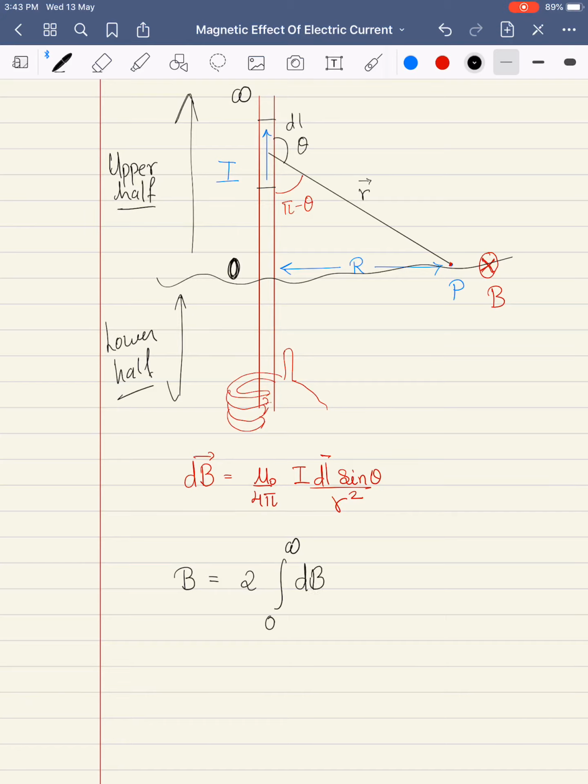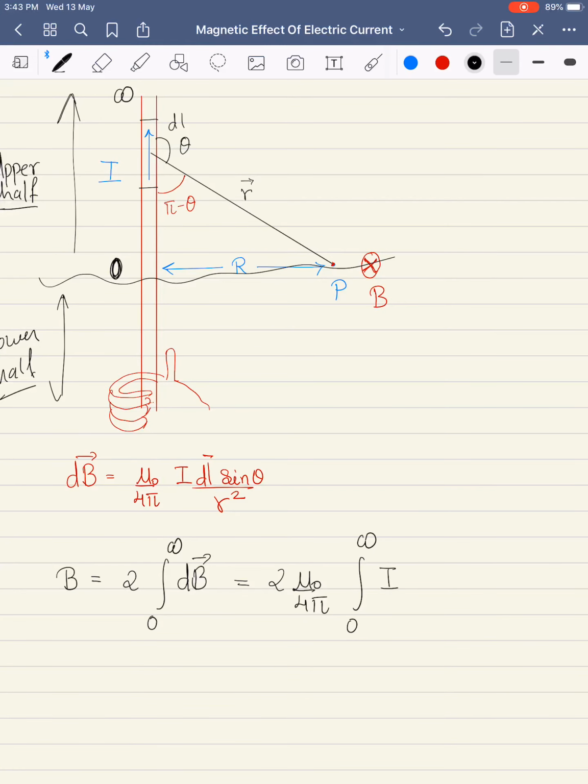So 2 times delta B. That means we did not consider the lower length separately, which can also go to infinity, and the upper half can also go to infinity, but due to symmetry whatever is the magnetic field because of the upper half, the same will be the magnetic field because of the lower half, because the direction of current is the same. So we can write it as 2 times mu naught by 4 pi, integration 0 to infinity I dl sin theta by r square.